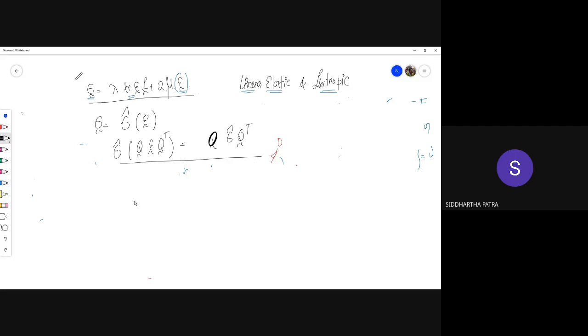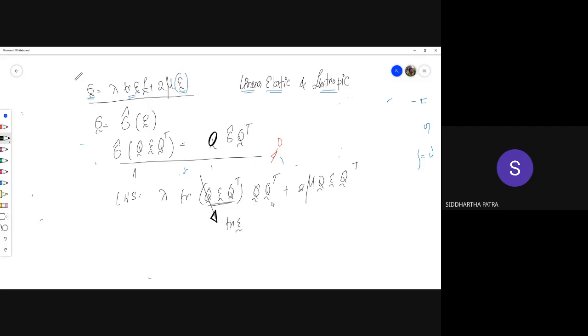First of all, the left hand side should be lambda times trace of Q epsilon Q transpose times the identity matrix, which can be written as Q times Q transpose, plus twice mu Q epsilon Q transpose. But we know that trace is an invariant and it doesn't change when the matrix is rotated, so it essentially is the trace of epsilon.